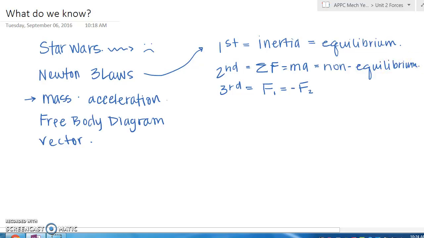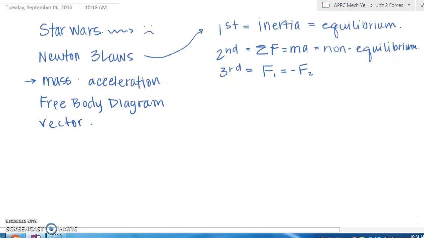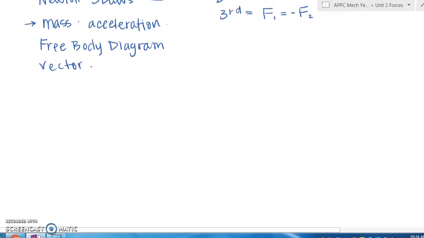So we're going to start with exploring equilibrium. If we can get our forces all balanced and look at that situation, then we'll move into non-equilibrium situations. Okay? So today I want you to explore with some equilibrium.